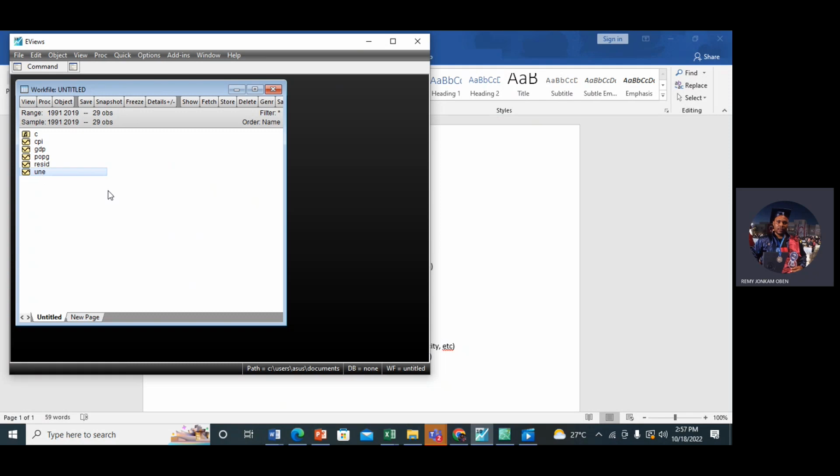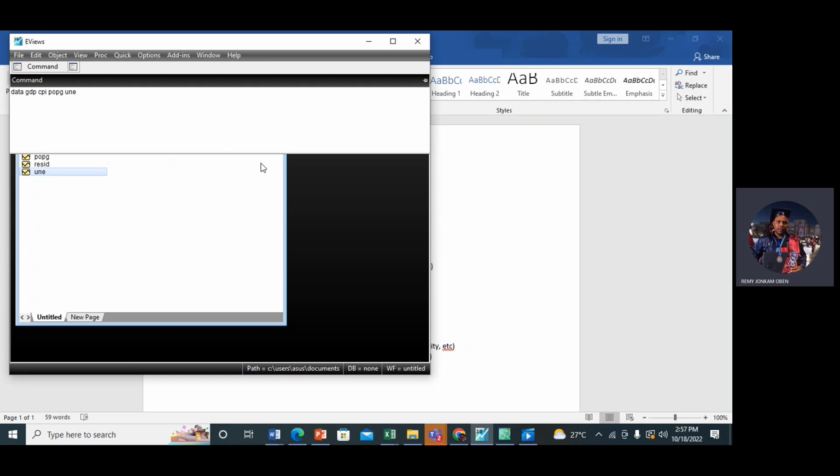Now, let's generate the logarithmic form of this data. You come back to your command bar and type GEN. It stands for generate. So when you type generate, you are giving EViews this command and telling it to generate something.